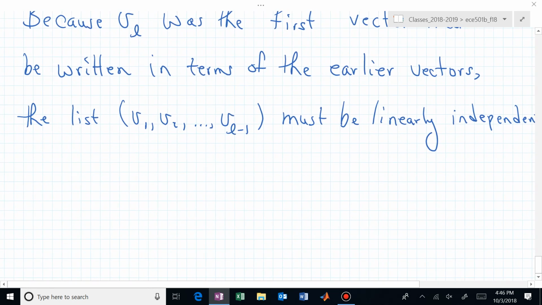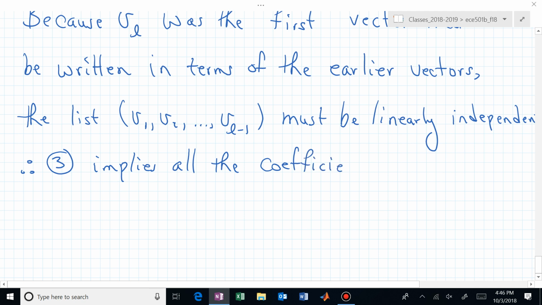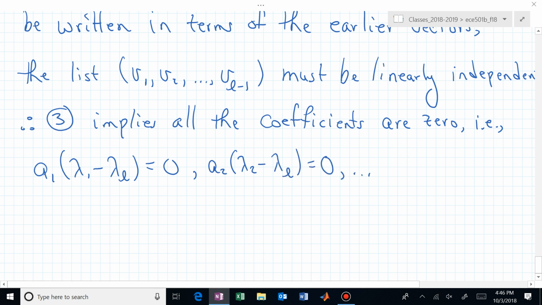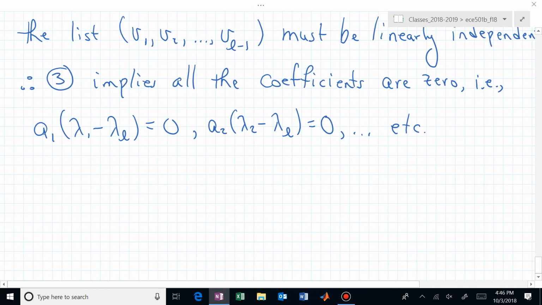So let's write that down. Therefore, equation 3 implies all the coefficients are 0, or that is, A1 times lambda 1 minus lambda sub L is equal to 0, A sub 2 times lambda sub 2 minus lambda sub L is equal to 0, etc. And now we have a product of terms equaling 0.